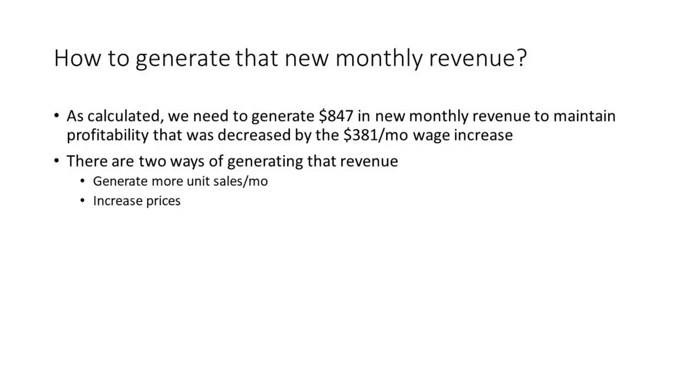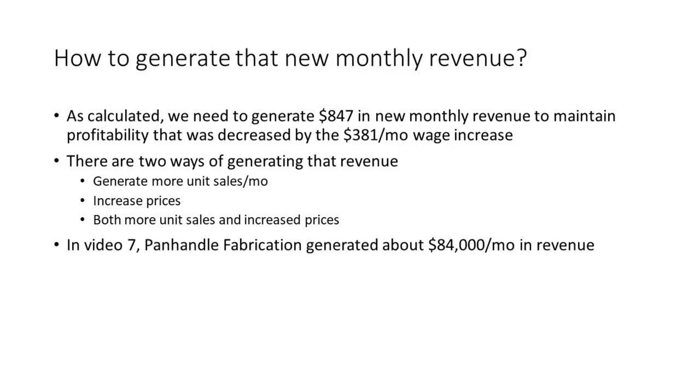Or we can also increase the prices of the things that we sell to a point where we generate that $847 per month. Or another option is we can do some combination of increased unit sales and increased prices in order to come up with that $847 per month in new revenues.